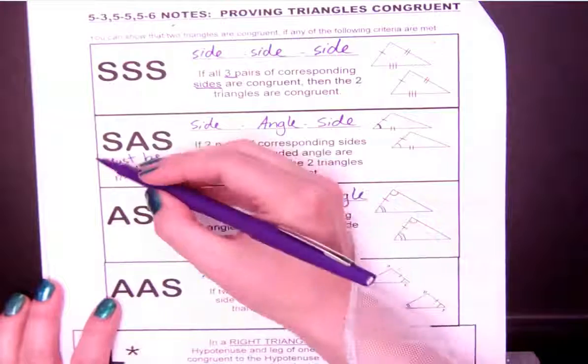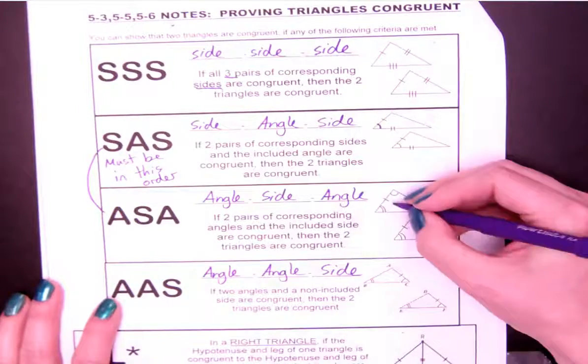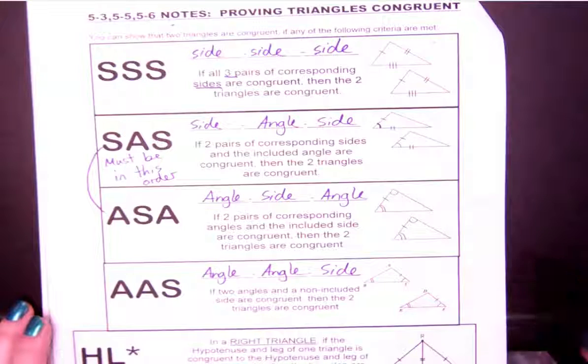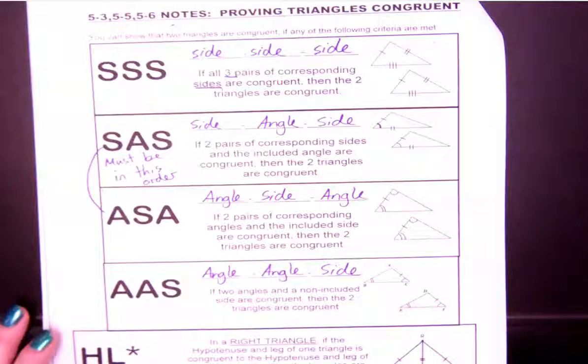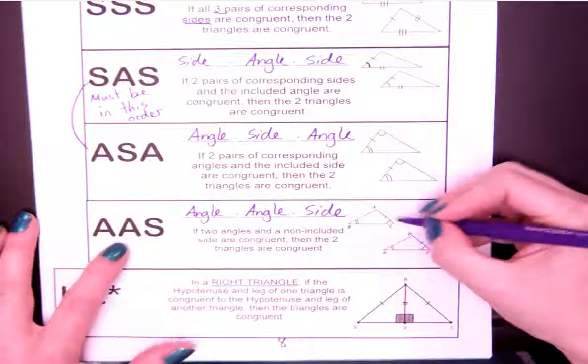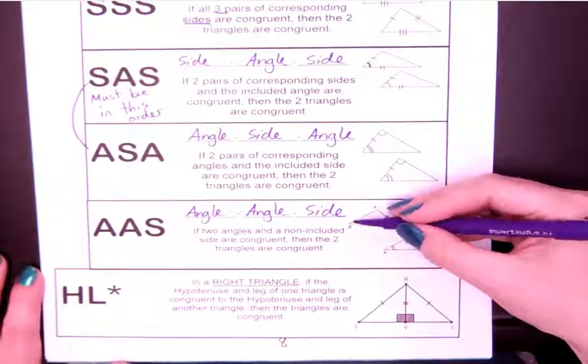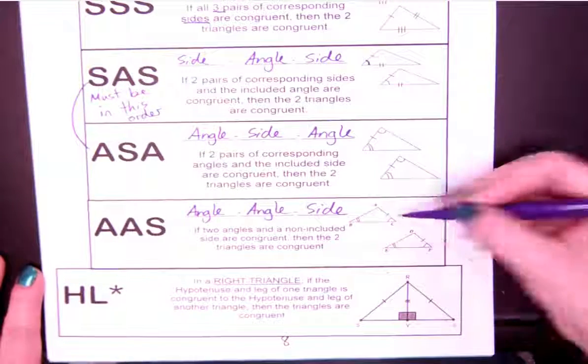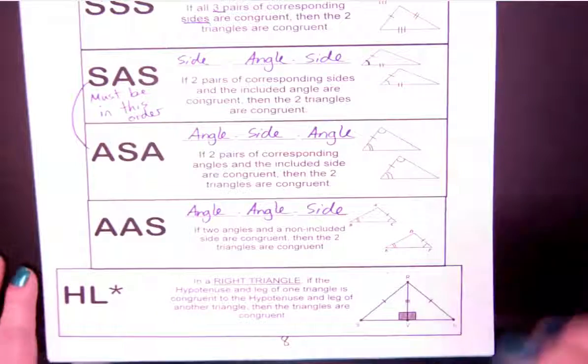Same thing with angle, side, angle. The side has to be in between the two angles. And with this one too, angle, angle, side. Well, angle, angle, side, pretty much any combination you do would work. If you have two angles and one side, you know that they're going to match each other.